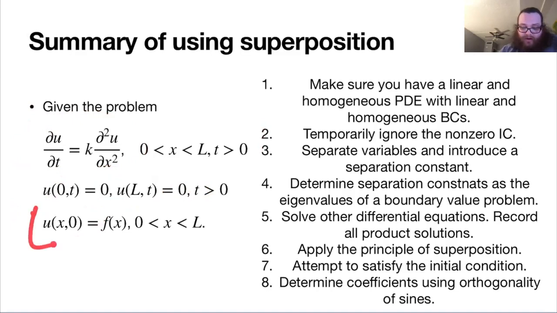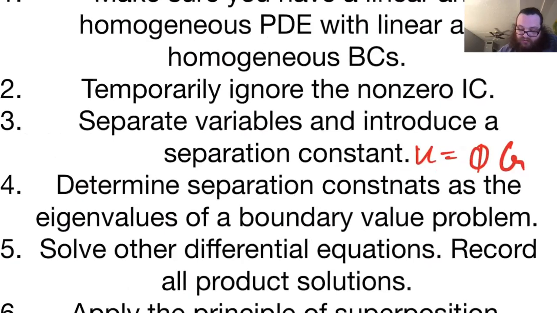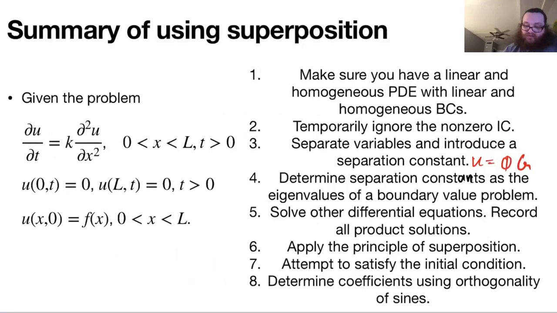We're going to temporarily ignore this initial condition. We're going to separate variables, so u is equal to phi times g, and then figure out what phi and g are. We're going to determine the separation constants, the eigenvalues for this boundary value problem.